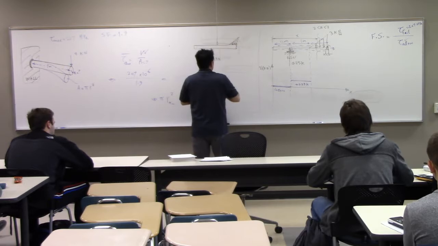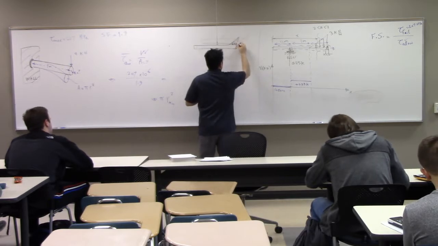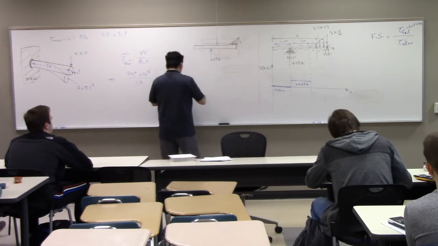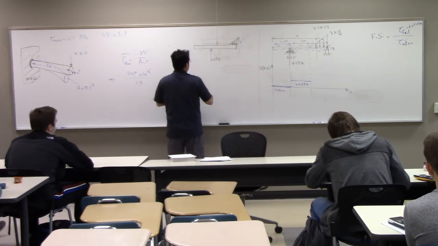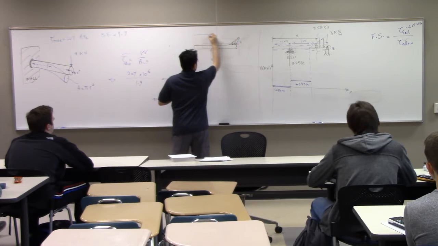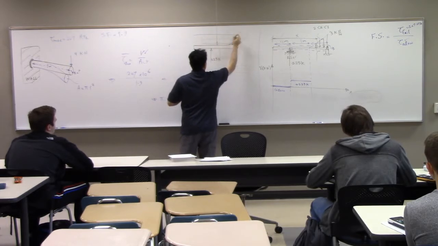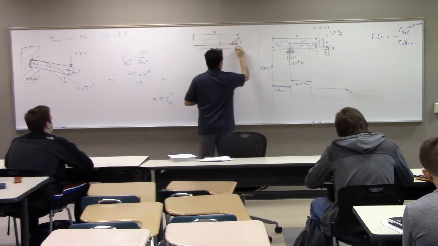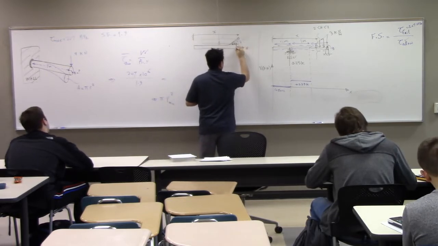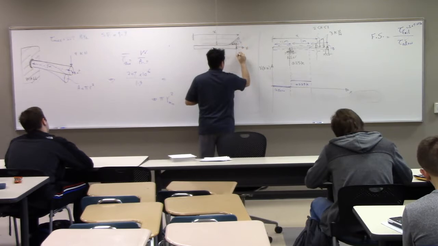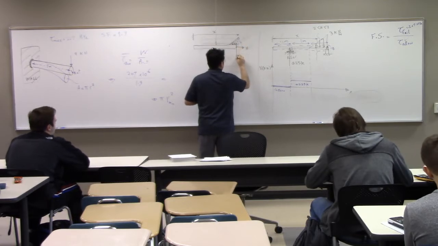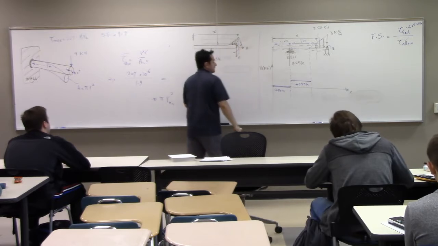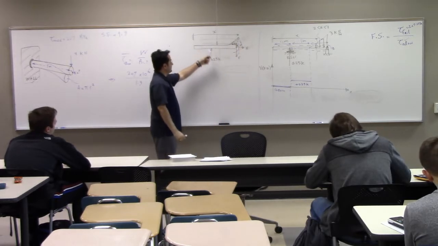So let's say this part is H. From here to here is what? It is X. What else do we have here? M. Good, M positive. B. M. Right? And that's all.